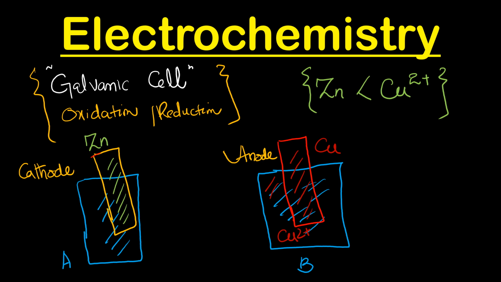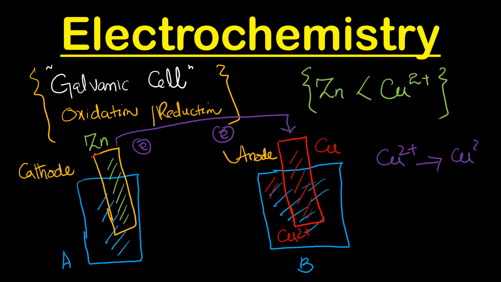Then the two electrons from the zinc will be transferred, when they are connected through a certain kind of wire, into the copper, and Cu2+, which is in the form of an ion, will be converted into neutral copper.